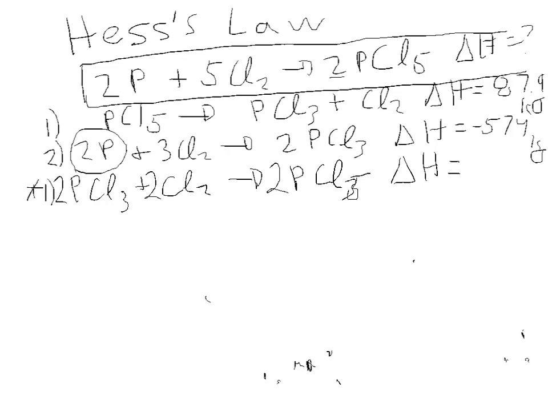But I also flipped the reaction around. I made the products reactants and the reactants products. Before, the delta H was positive 87.9. Now the delta H value is going to be negative 175.8. How come? Because I had to double it and flip it.